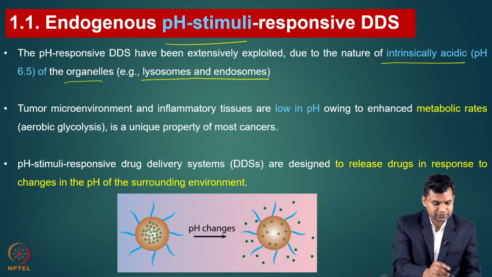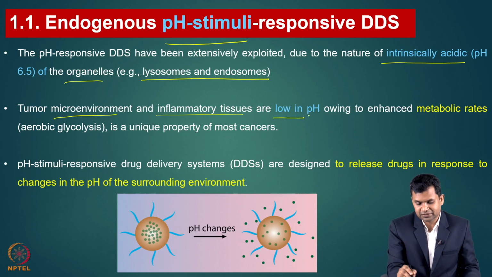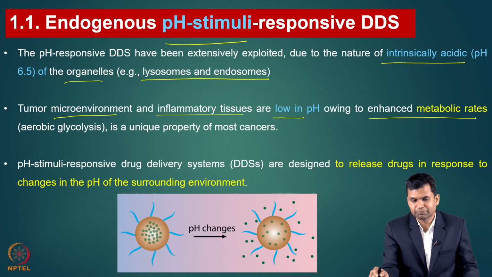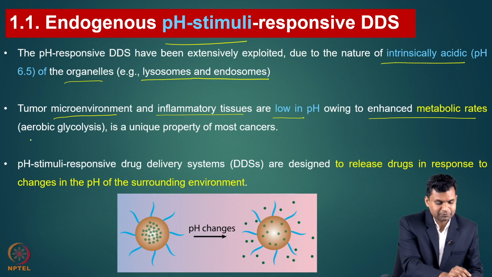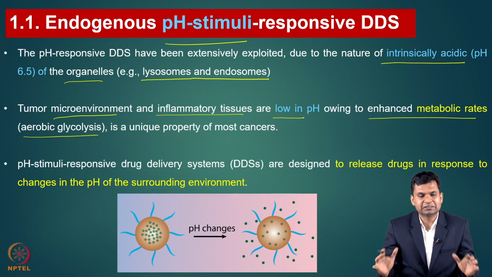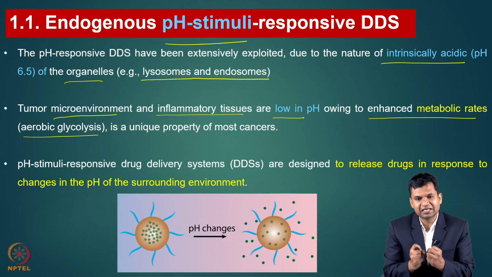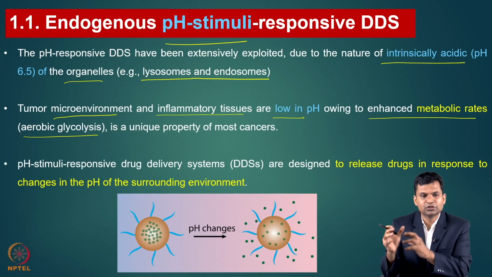And the second case, the tumor microenvironment and the inflammatory tissues are low in pH owing to enhanced metabolic rates, that is nothing but aerobic glycolysis, that leads to the decrease in the pH in the microenvironment of the tumor.